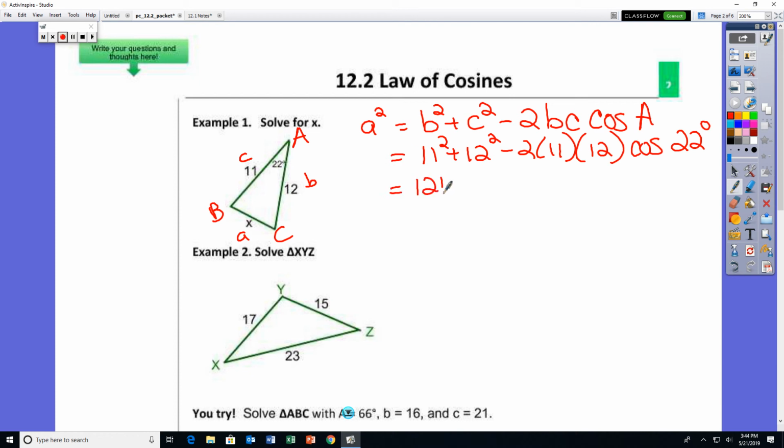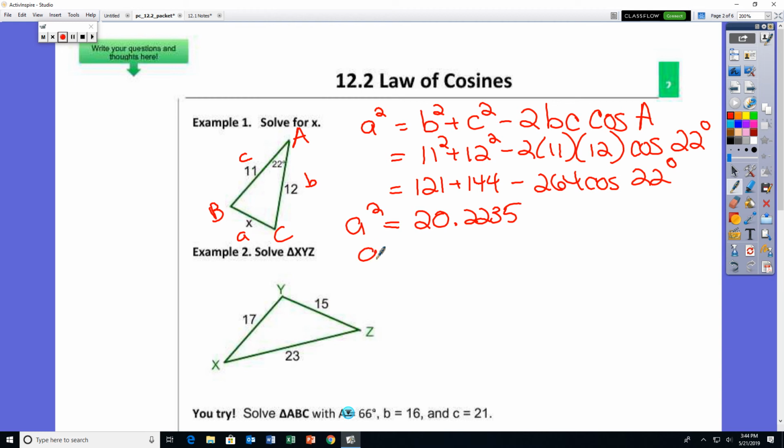Or 121 plus 144 minus 264 times the cosine of 22 degrees. Let's make sure our calculators are in degrees. When we combine all those, we get 20.2235 for our a squared. Take the square root of the other side, we have 4.497, or about 4.5 for our distance.